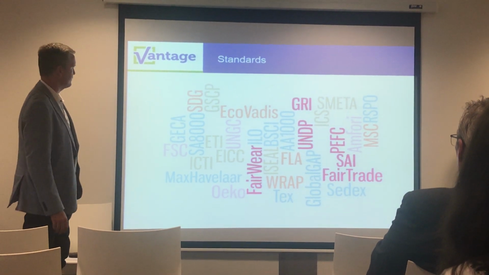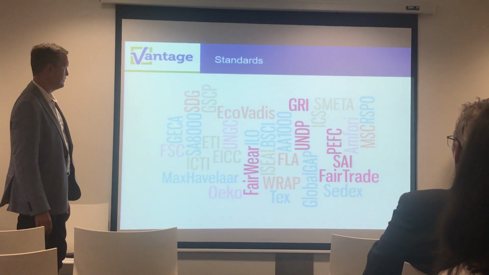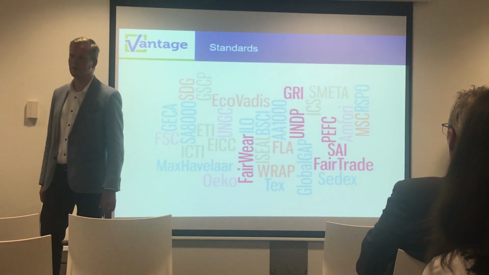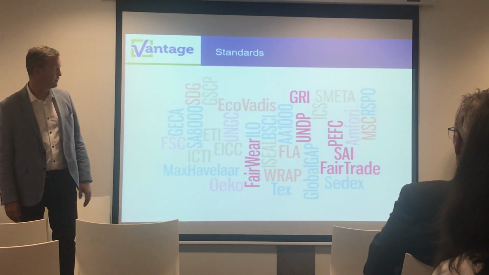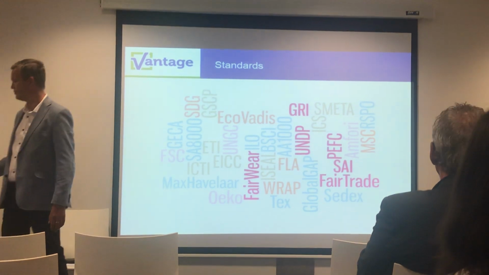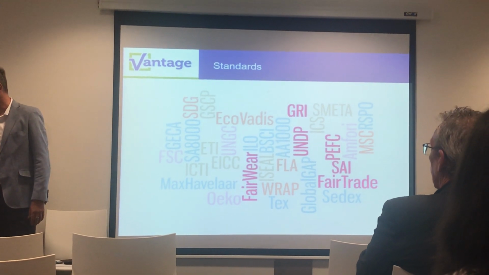There are lots of standards out there, and these are just some of them. There's a very good website called standardsmap.org where they're all laid out, and a lot of them are based around the same issues.